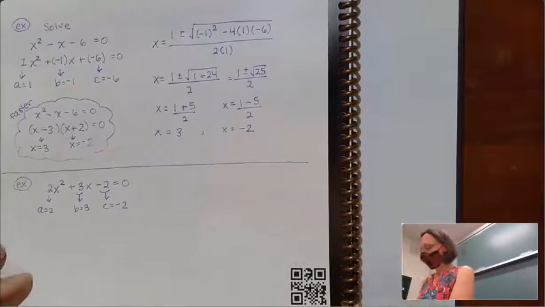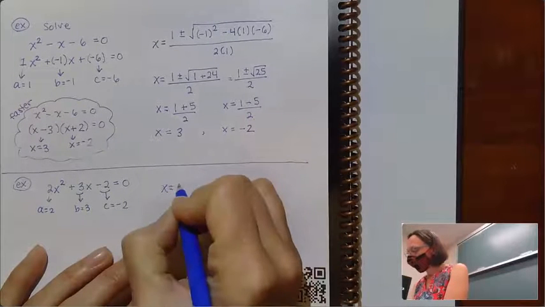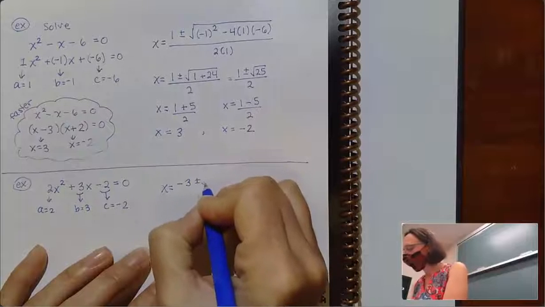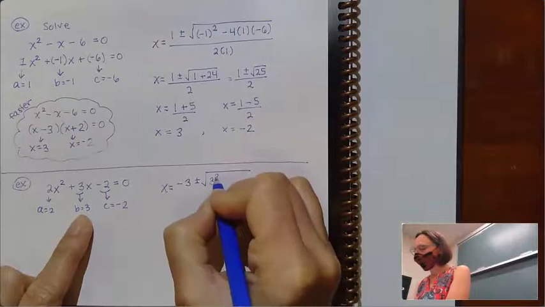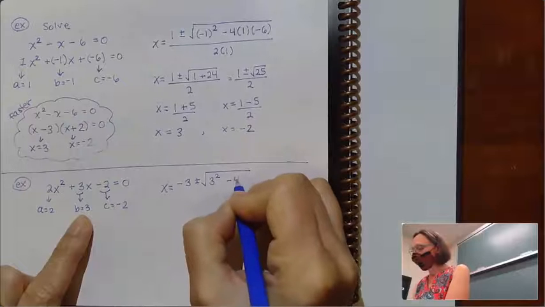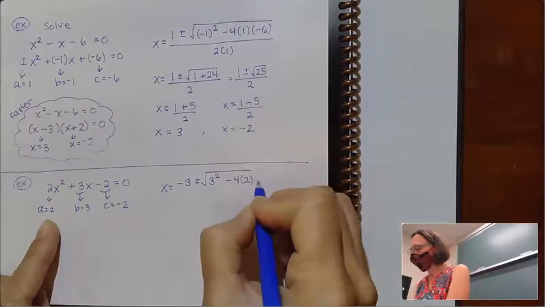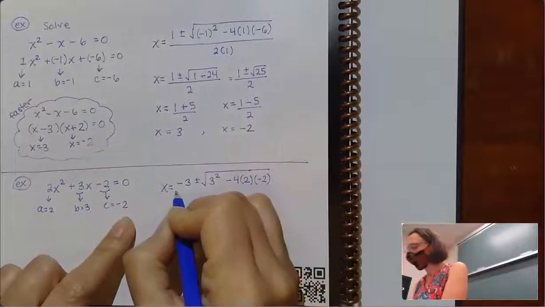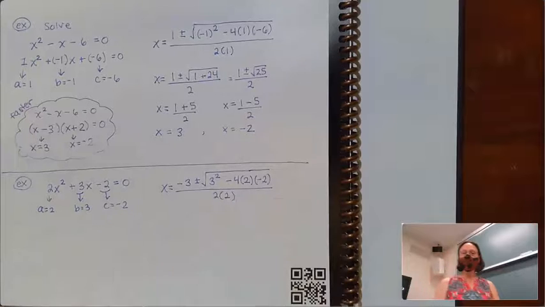So let's see what happens. If I start plugging this in, I'm looking at x is equal to negative 3 plus or minus the square root of 3 squared minus 4 times 2 for my A value times negative 2 for my C value. And then the entire thing is going to be over 2 times 2.